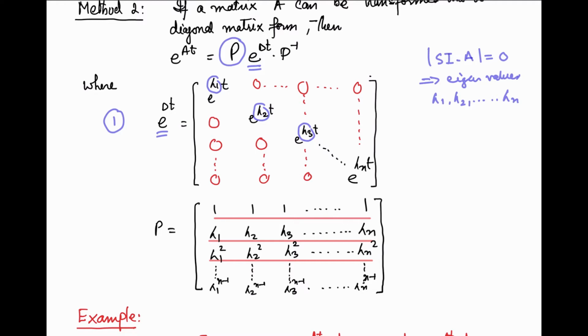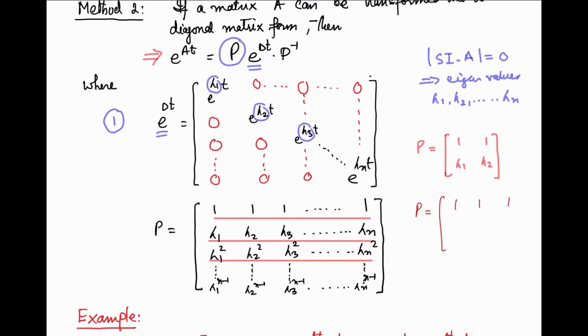The order of this matrix P depends upon the order of your matrix A. Right? So for a 2 cross 2 matrix, this matrix P will be given by this equation, that is 1, 1, lambda 1, lambda 2, because there will be only 2 eigenvalues and these eigenvalues must be distinct. For a 3 cross 3 matrix, this P will be given by this equation.